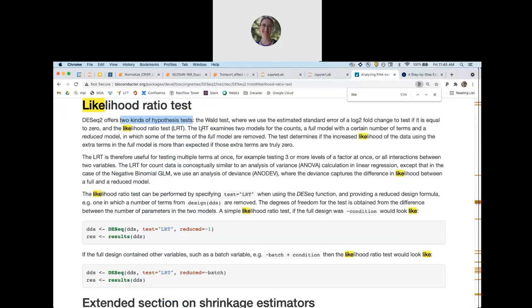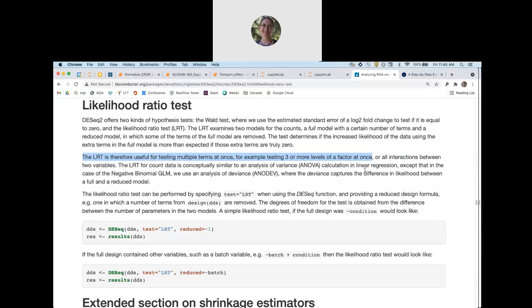We only have two comparisons here, right? But the Wald test is fine with that. The Wald test just compares two groups together. The likelihood ratio test, on the other hand, is really nice when you have three or more levels of a factor or three or more groups.